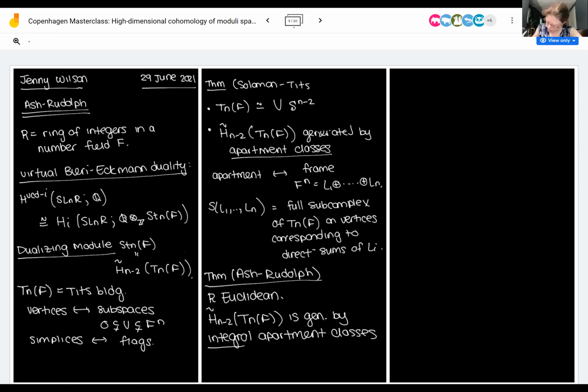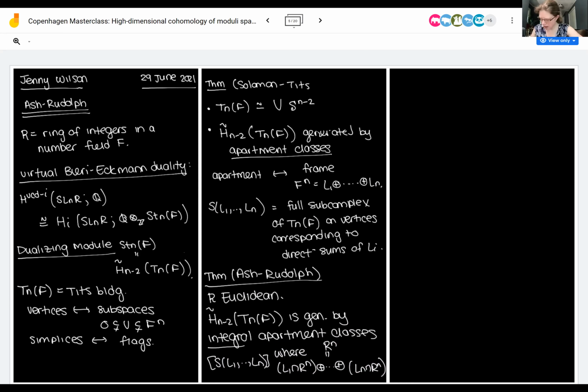All right. So by this, I mean these apartment classes where if I look at the intersection of each of these lines with R^n, then that direct sum is equal to R^n.